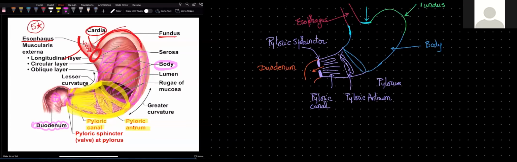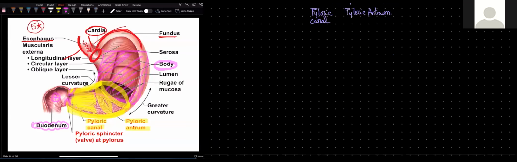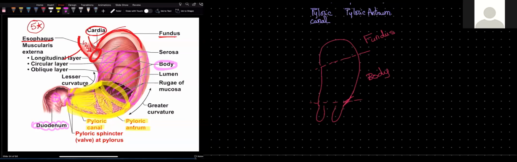The stomach reminds me of the uterus. Why? If you remember, the uterus did have a dome-shaped structure, dome-shaped part. This is called the fundus. It has a mid-region. This was the body of the uterus. And the terminal region that passes into the vagina, we call this the cervix.